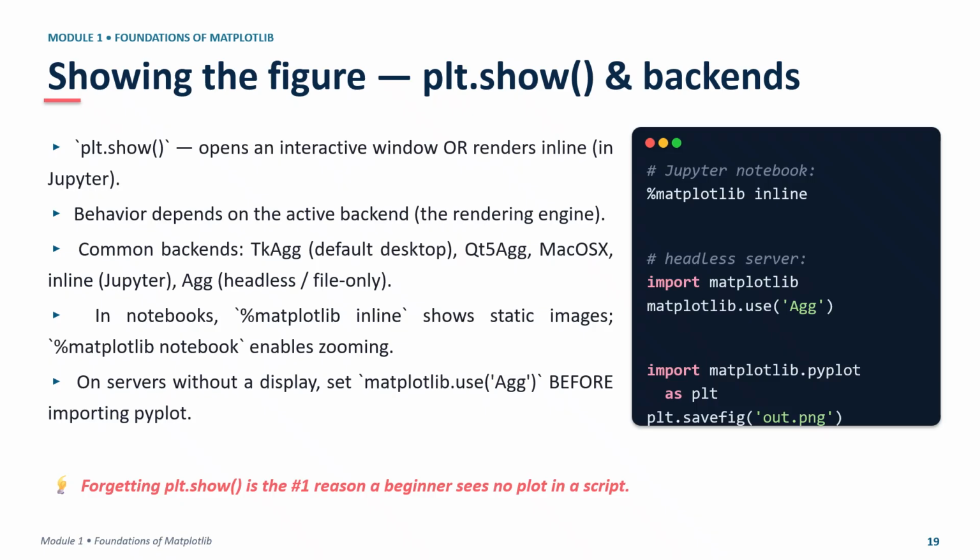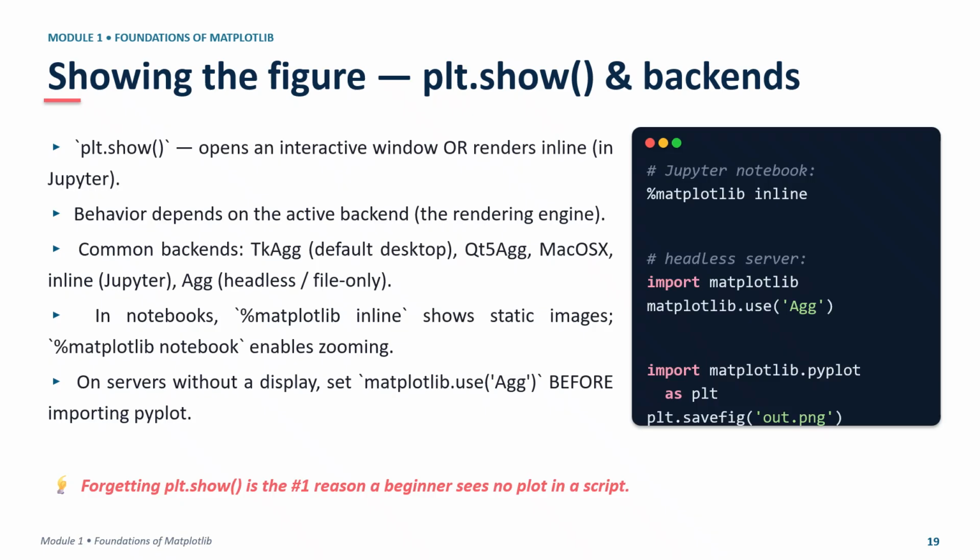So these are the common backends and when each one is used. TkAgg is the default for most desktop Python installations. It opens a Tk window showing your chart. You have many other common backends, and you can see when each can be used.